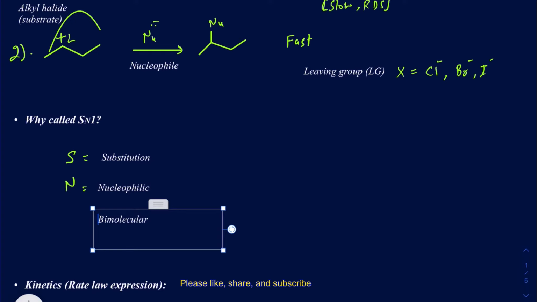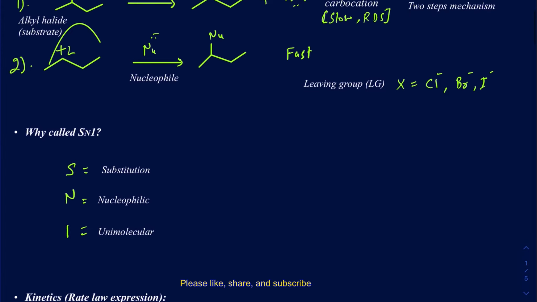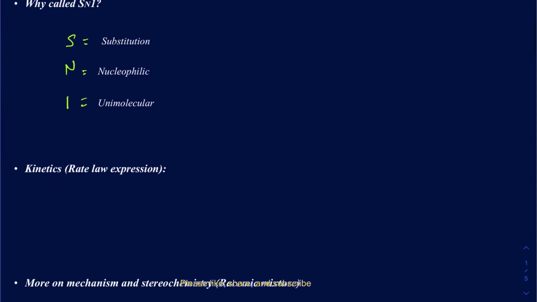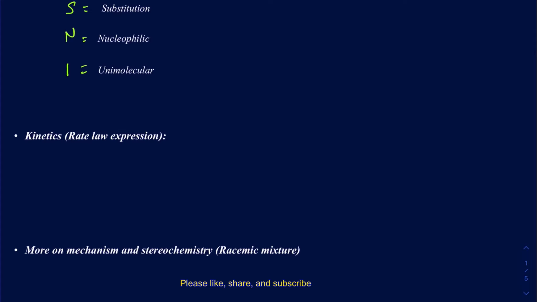The unimolecular comes from the one here. And the reason they are unimolecular is that I have only one reactant taking part in the rate determining step, which is your alkyl halide. So when it comes to writing the rate of this reaction in terms of kinetics, rate equals rate constant k.